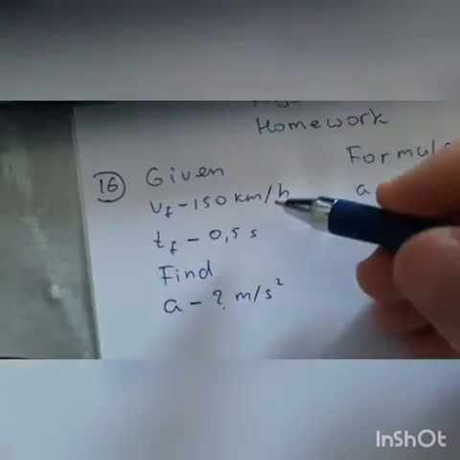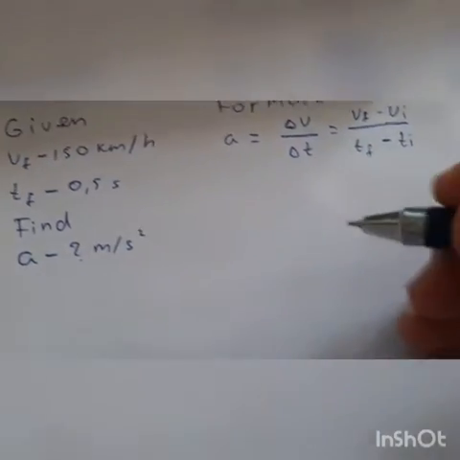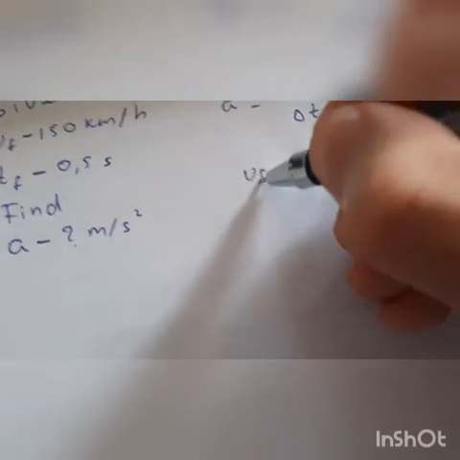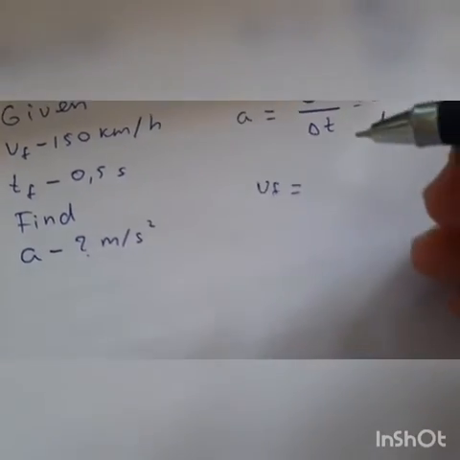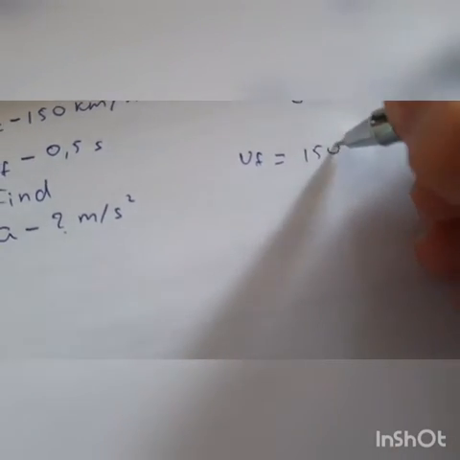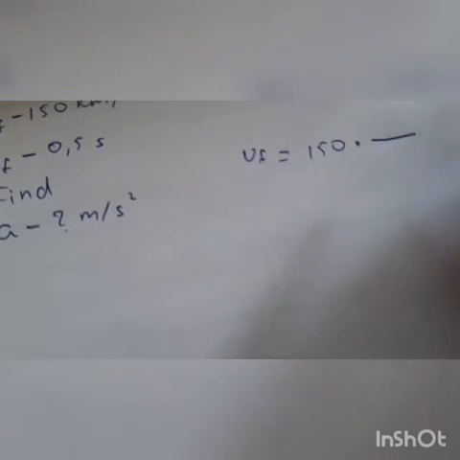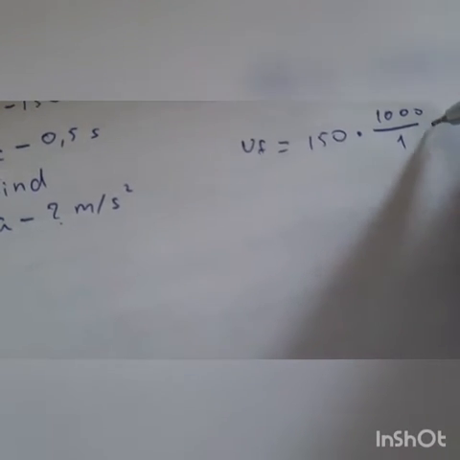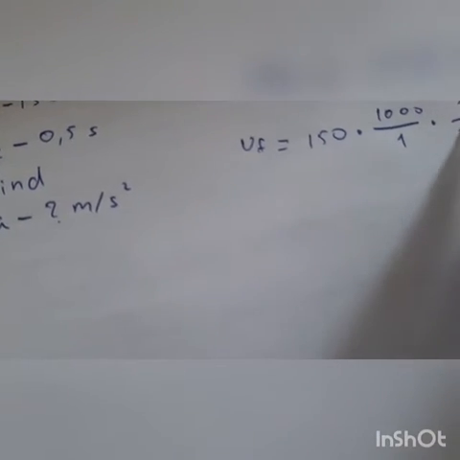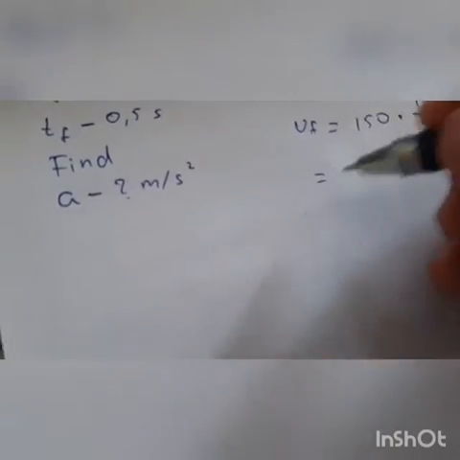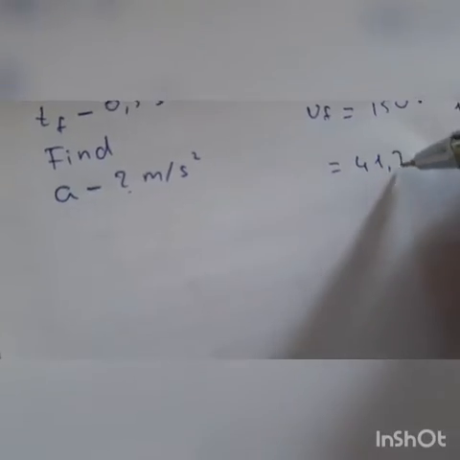And we need to change this kilometer per hour to meter per second. Let's write final velocity equal to 150 multiplied by 1000, divided by 3600 seconds. It's equal to 41.7 meters per second.